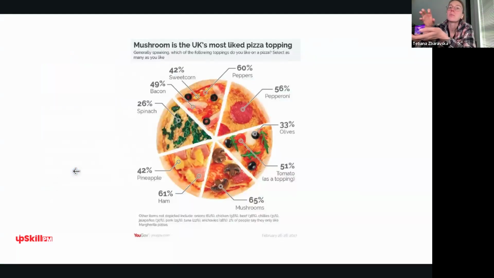So for example, 65% they combine it with tomatoes. And for example, if you have 100%, 65% they add mushrooms, but also 51% added tomatoes to the same pizza. But other people, instead of tomato, can add something else, like olives. I don't know.